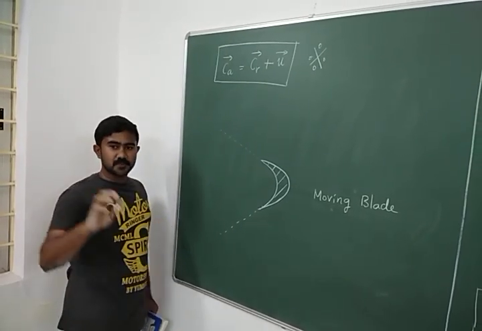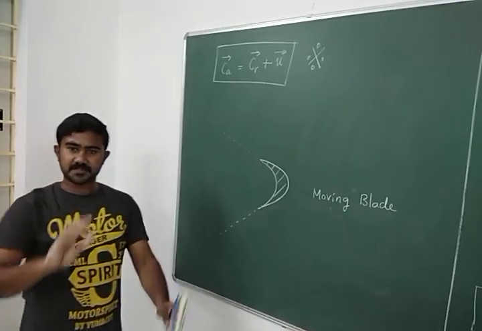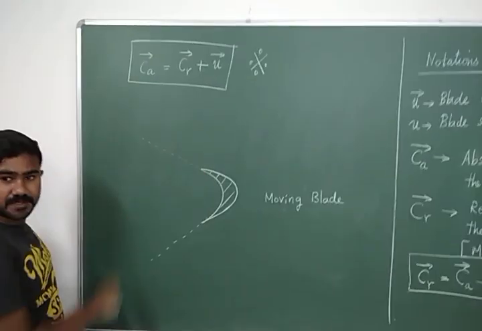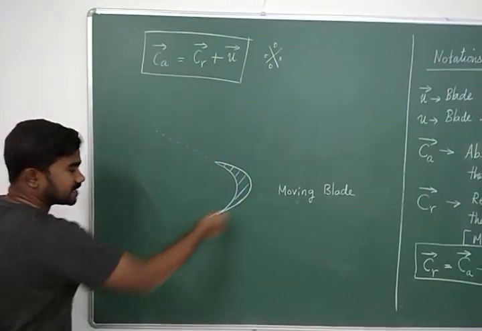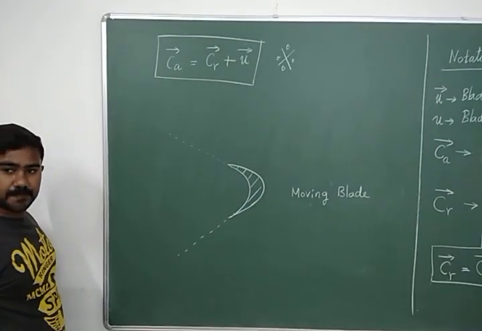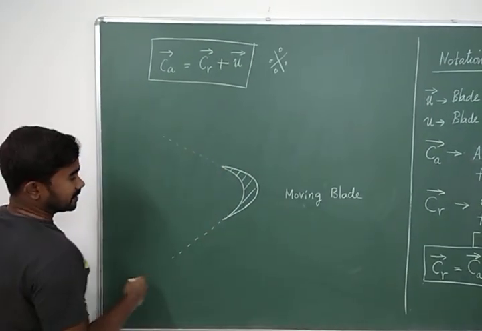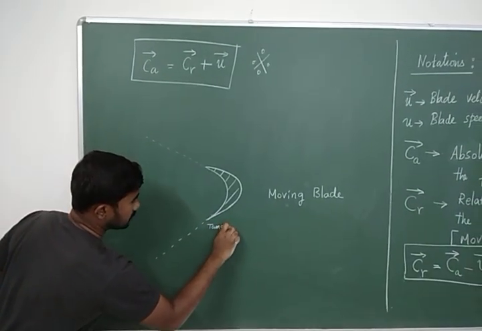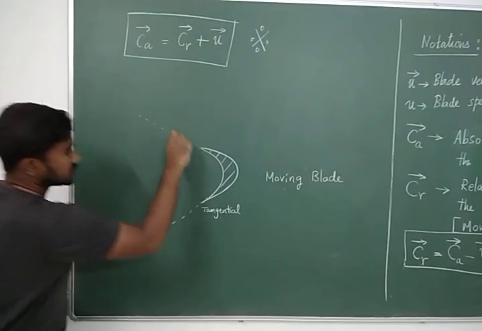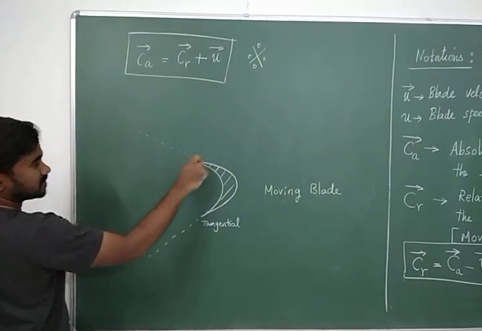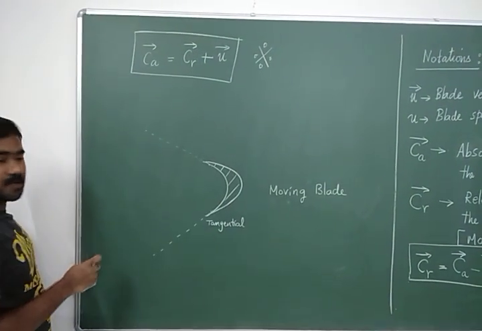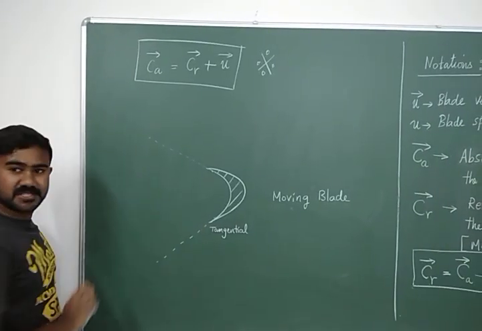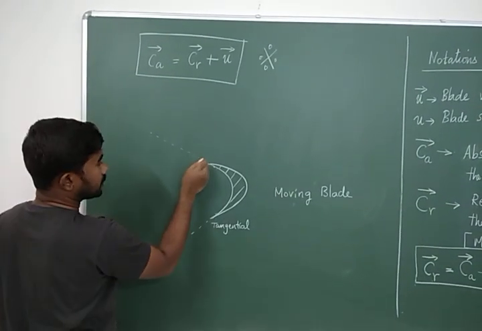In order that there is no flow separation, the relative velocity vectors have to be aligned with the particular blade direction. So this is tangential. This direction is a tangential direction to this particular blade. For smooth entry, the relative velocity has to be along the tangential direction to the blade.